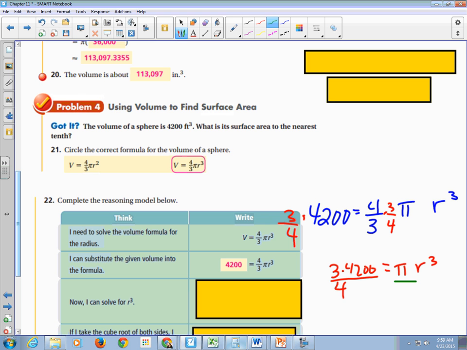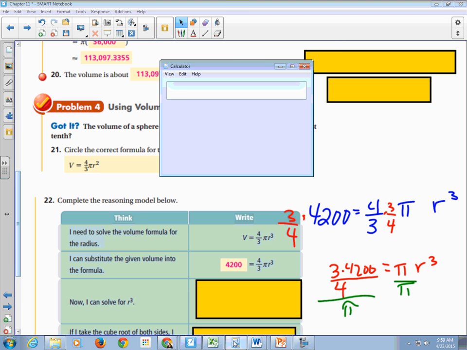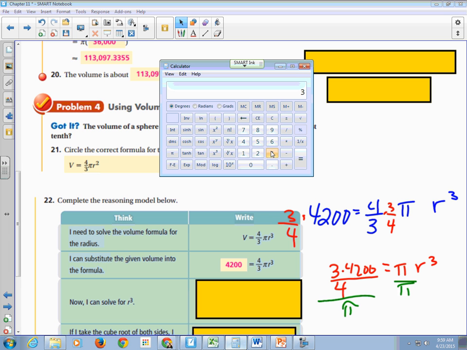Then I divide by pi. So when I'm doing this on my calculator, I go 3 times 4,200 divided by 4 equals 3,150. Then I divide it by pi, and I get 1,002.676.